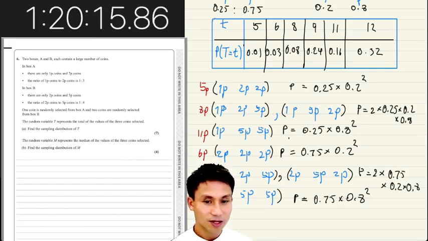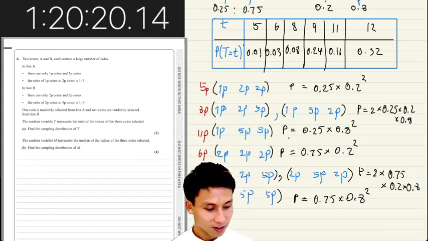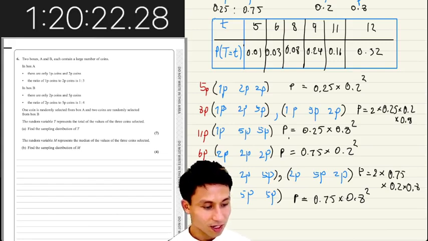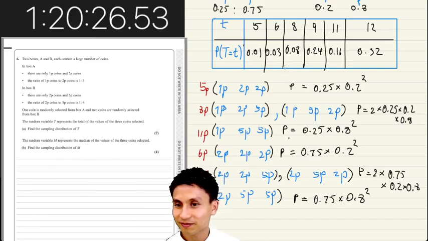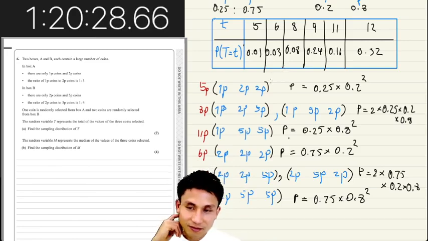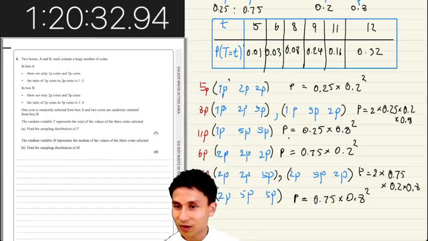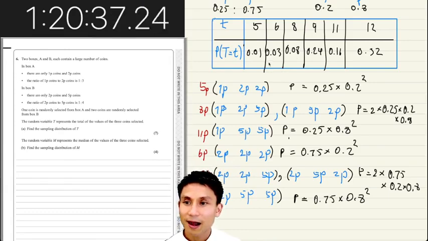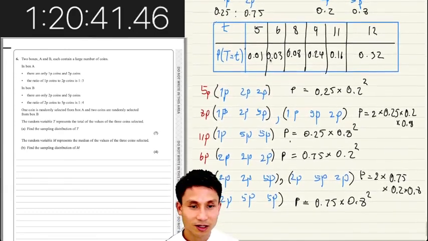The 9 pence, 2 times 0.75 times 0.2 times 0.8, 0.24. Are we missing something here? Let me check the time. Oh no, we only have 10 minutes. We're in trouble, guys. Okay, let me just calm down and check.